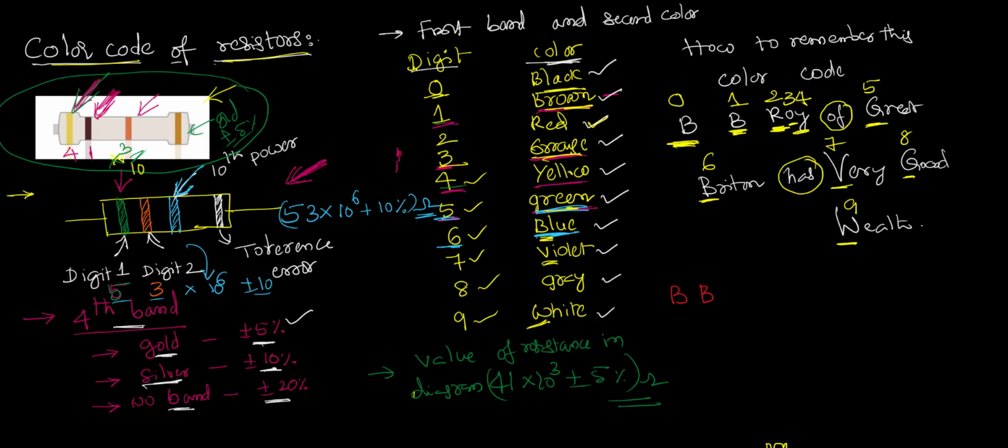Another B represents brown, R represents red, O represents orange, Y represents yellow, of has no physical significance, and again great, where G is only having a significance, and again Britain. So in this G represents green, in this Britain B represents blue.